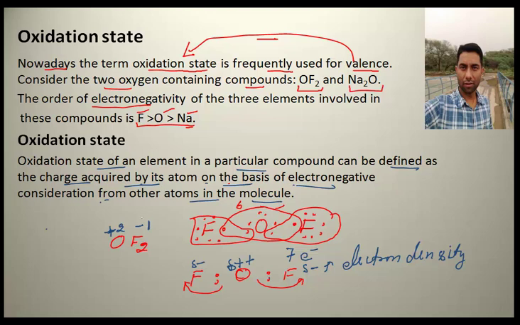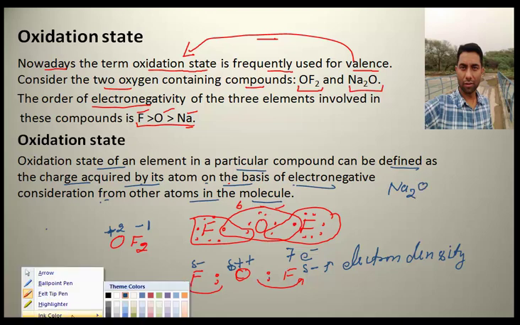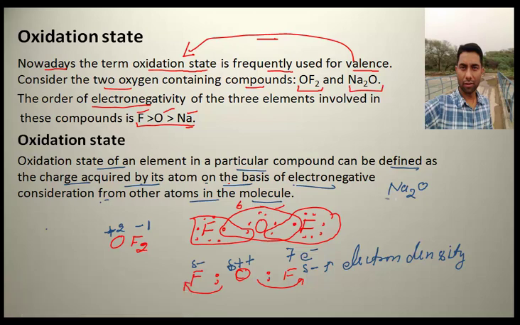Okay. Now we take another example, sodium oxide. Sodium oxide is Na2O, and in this case sodium and oxygen are there. Again, the species which is represented to the right side is considered to be more electronegative, so that means oxygen will be more electronegative.